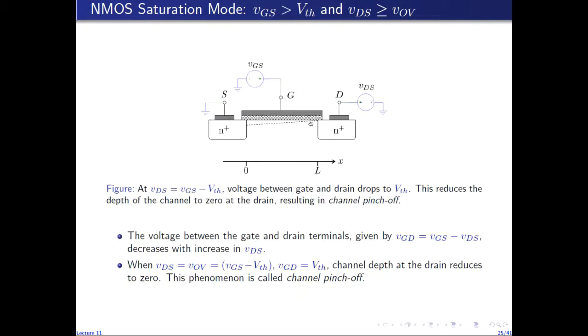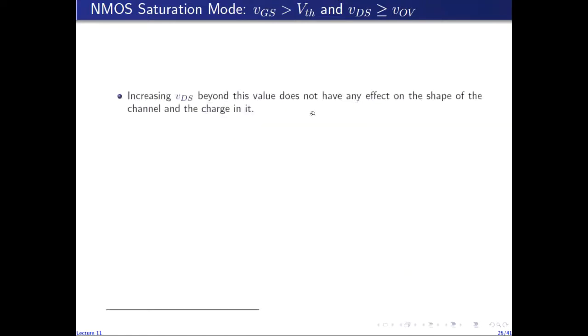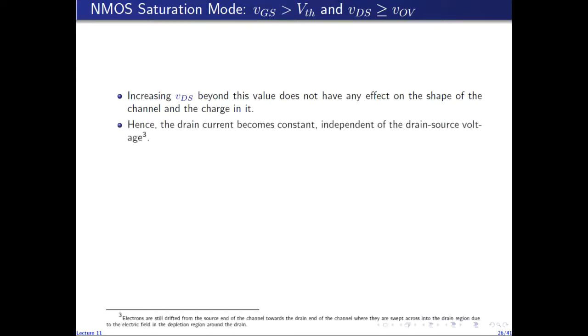So those electrons are swept across the depletion region and are collected into the drain. So the drain current continues to flow. However, we note that increasing VDS beyond the overdrive voltage does not have any effect on the shape of the channel and hence the charge contained in the channel. So the resulting drain current becomes independent of the drain to source voltage, and hence it becomes constant.